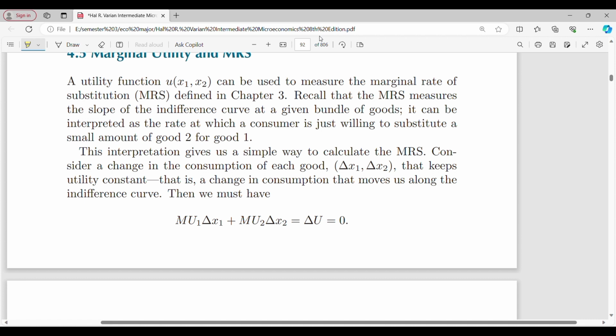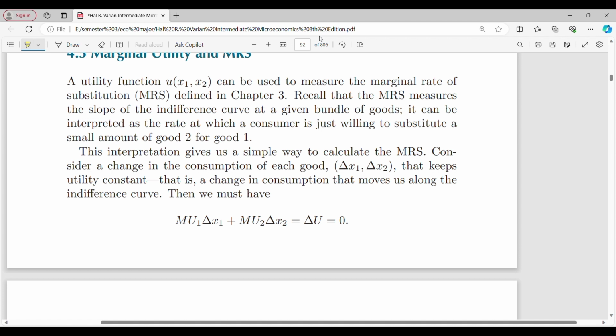That is MRS. The rate of this change in willingness is MRS. So the interpretation gives us a simple way to calculate the MRS. Okay, consider a change in the consumption of each good, delta x1 and delta x2, that keeps utility constant. The change in each good has to keep the utility constant.